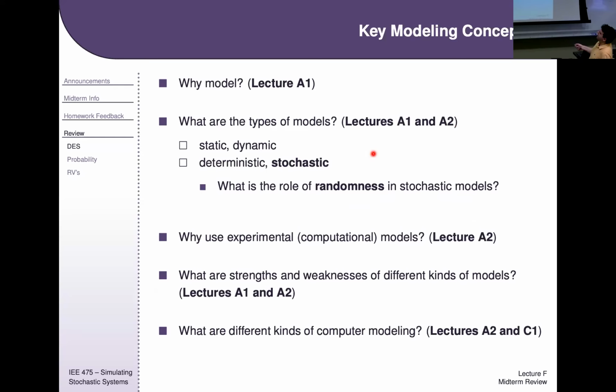Know the definition of stochastic. If I am lazy, I might just ask, is stochastic a synonym for random? And the answer to that is no. Stochastic is the use of randomness to simplify models. It is not a synonym for randomness.